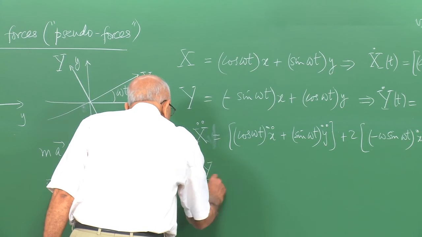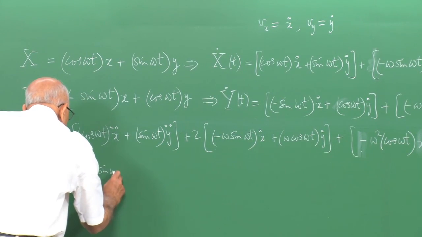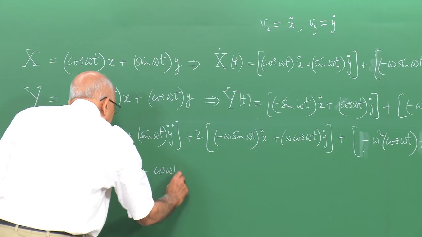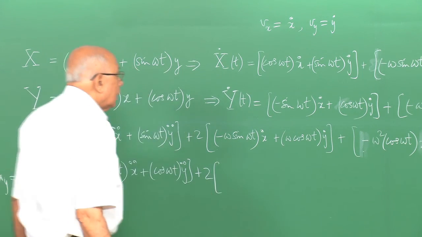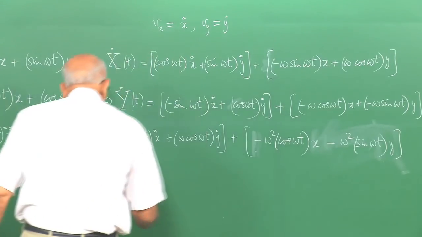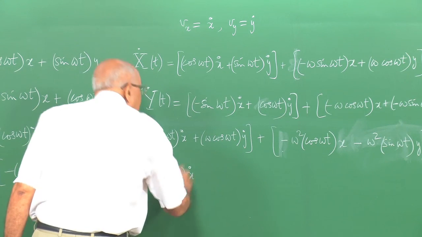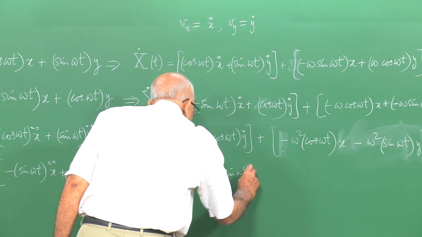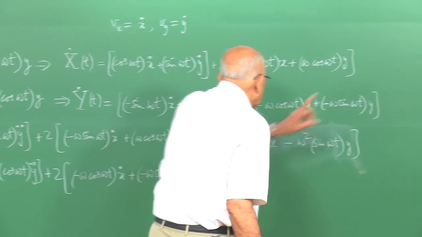Let us differentiate y quickly a second time, and then you will see the structure of this whole thing. This is equal to, again I differentiate this part and this part, so it is exactly as before, minus sine omega t x double dot plus cos omega t y double dot plus twice, and now I am going to get these derivatives. So, it is going to be minus omega cos omega t x dot this time plus minus omega sine omega t y dot this time, and finally whatever I get by differentiating this and this a second time.